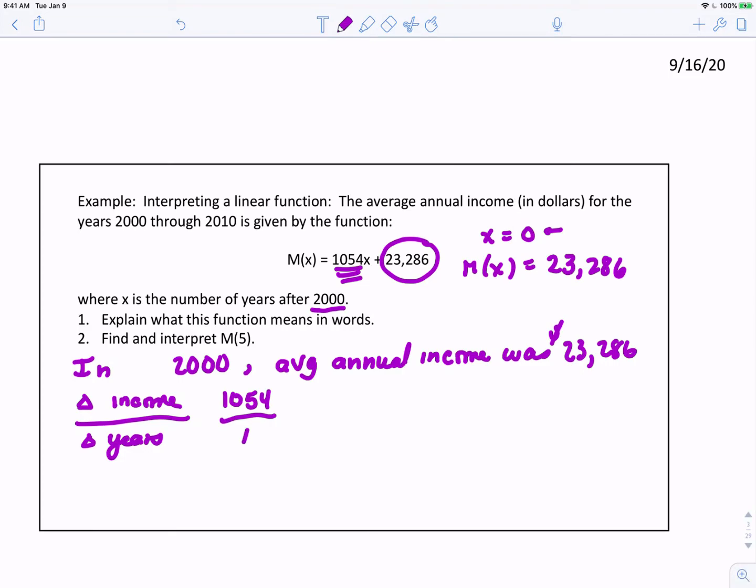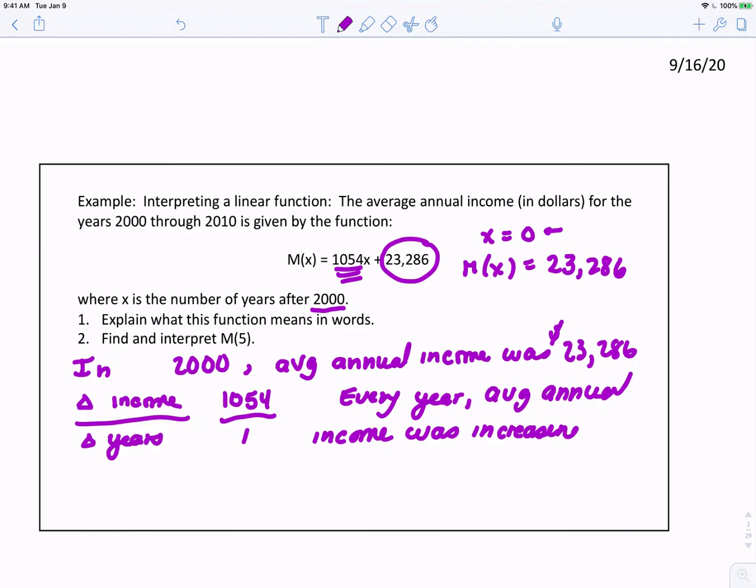So every year, average annual income was increasing by $1,054 per year. So that's finding and explaining what the function means in words.